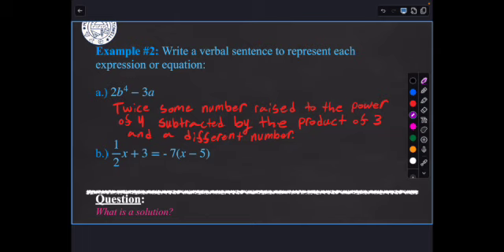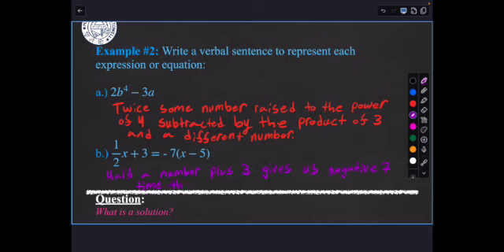That's half. Half of x, or half of a number, plus 3. So we can say half a number plus 3 gives us negative 7 times, it's a difference, right?